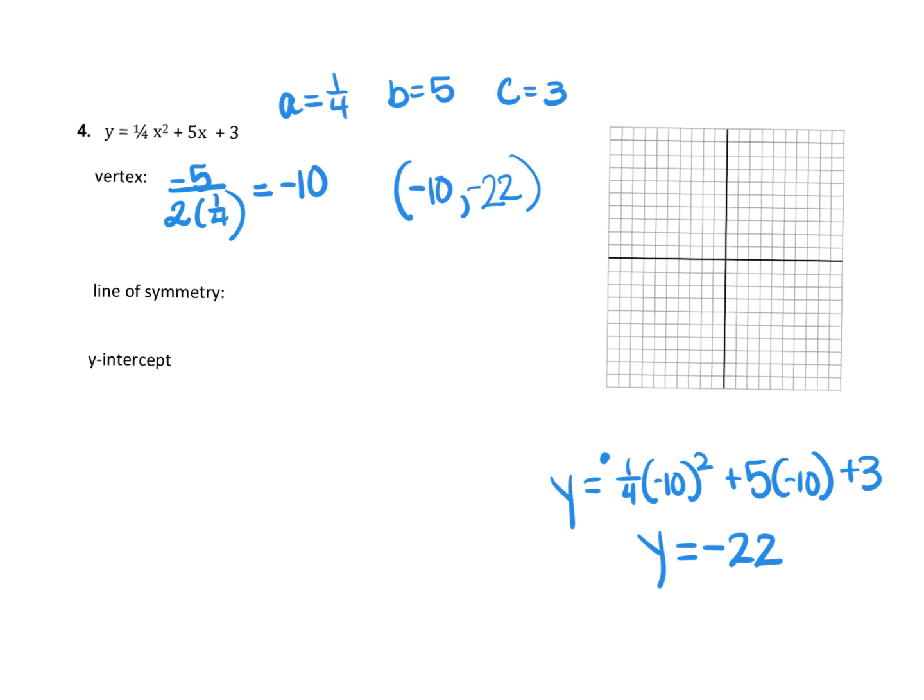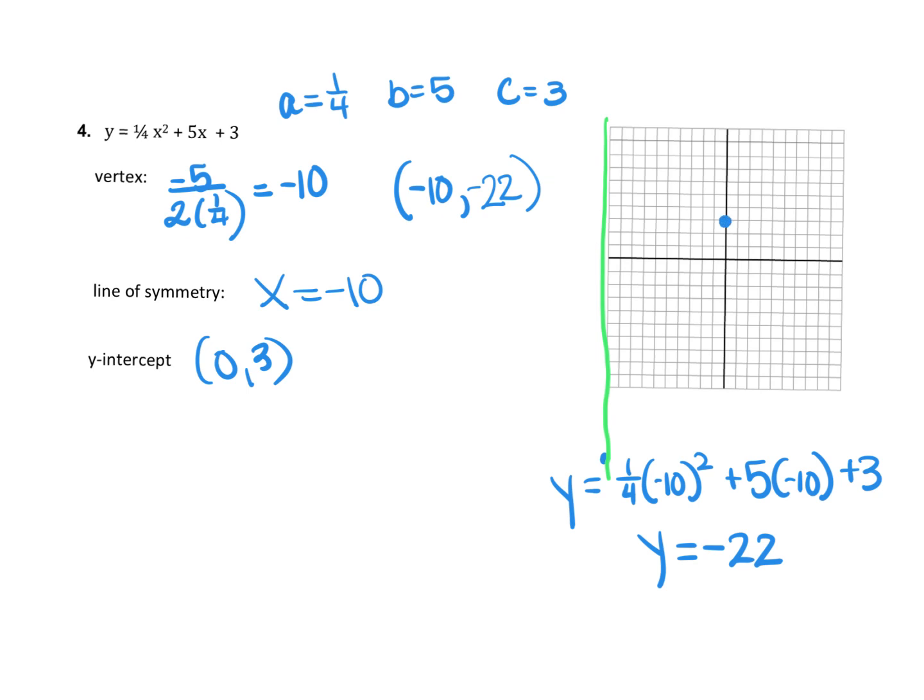All right, and then our line of symmetry is going to be a straight line up and down here, which is going to be at -10. So our line of symmetry is at -10. And then our y-intercept will be at 3. So (0, 3), so 0, up 3.